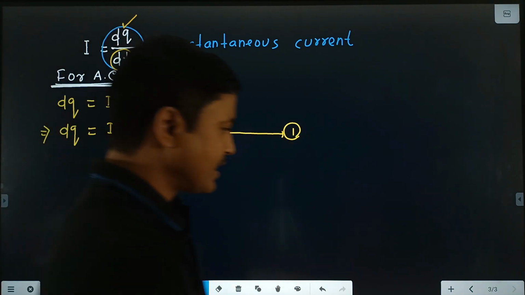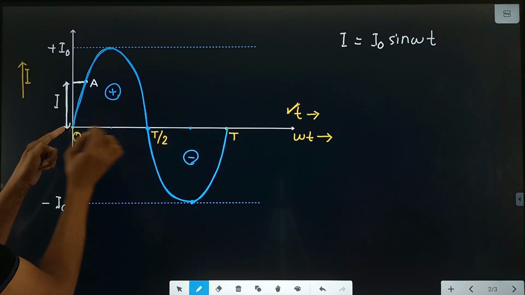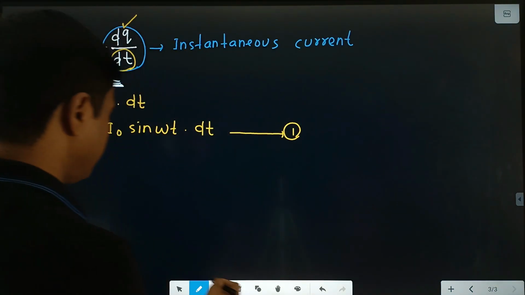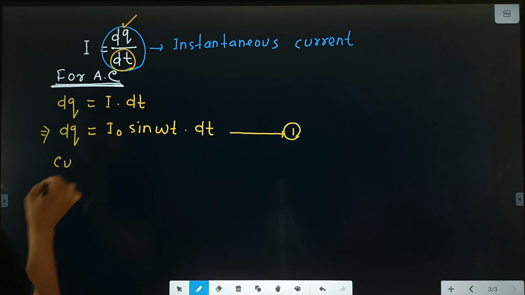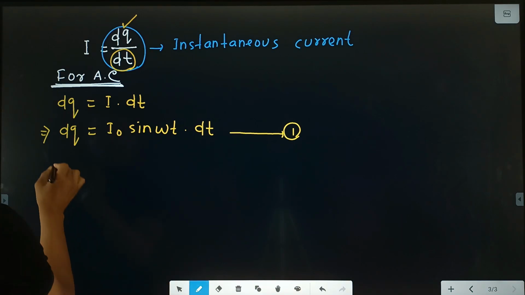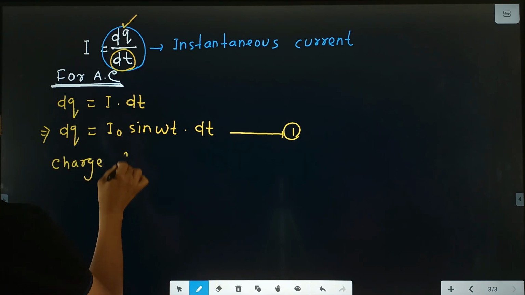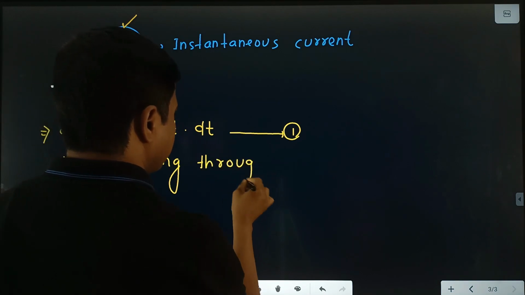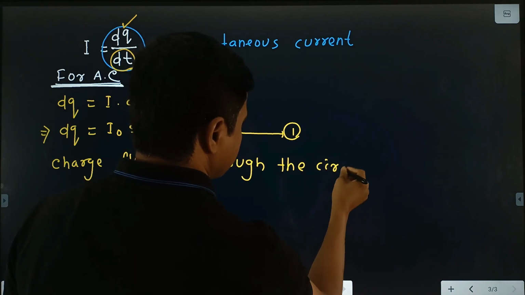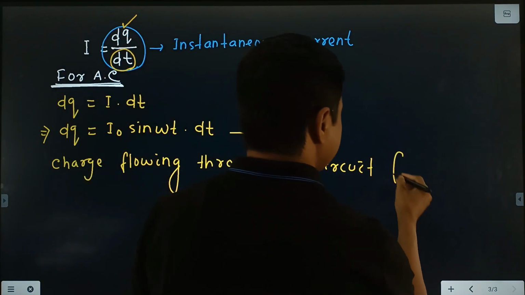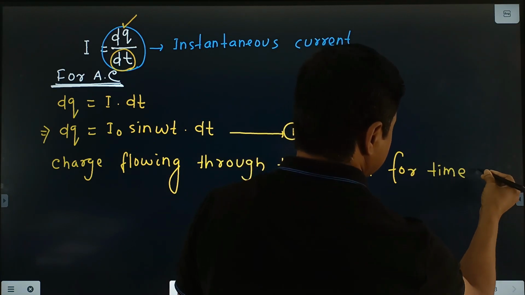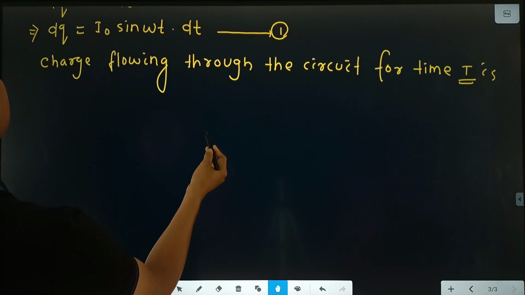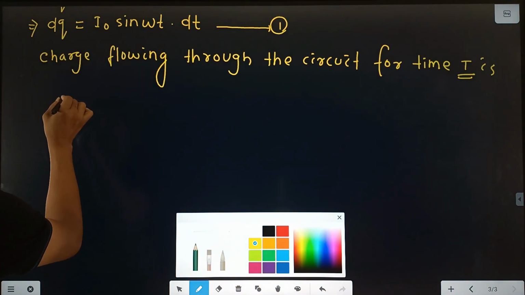And for total time, from 0 to t, the total charge flowing through the circuit for time t, where t means the time period, we write q as the total charge flowing.